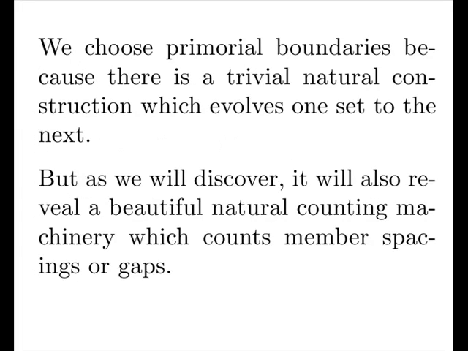We choose primorial boundaries because there is a trivial natural construction which evolves one set to the next. But as we will discover, it will also reveal a beautiful natural counting machinery which counts member spacings, or gaps.